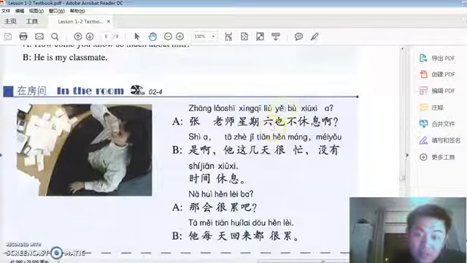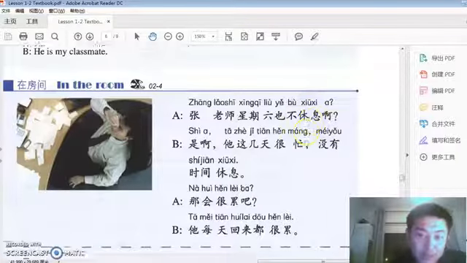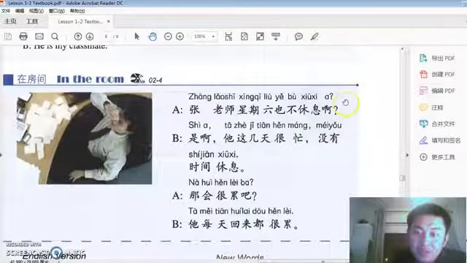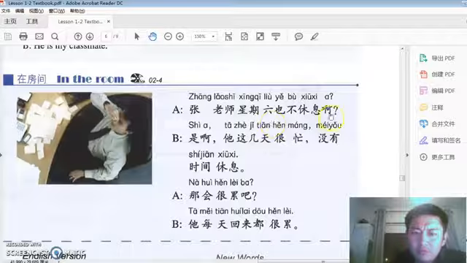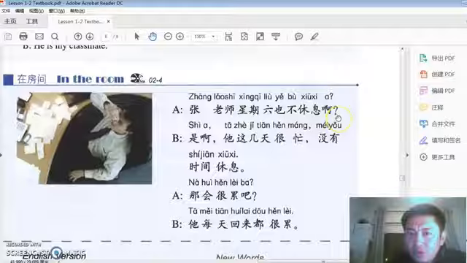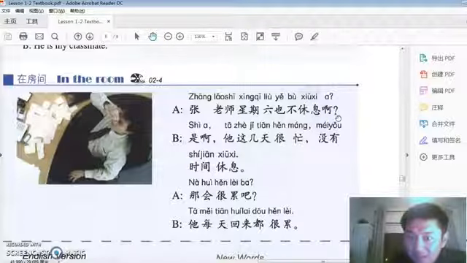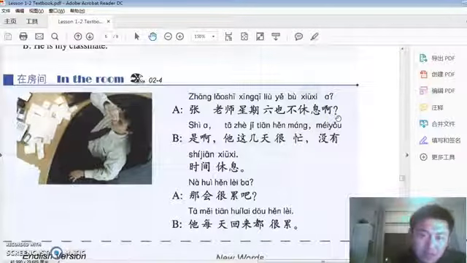That's what this 也 means. 休息 is to have a rest. 不休息, right? This is not a question, really, right? There is no indication of question except the question mark. So it is more like a rhetorical question.